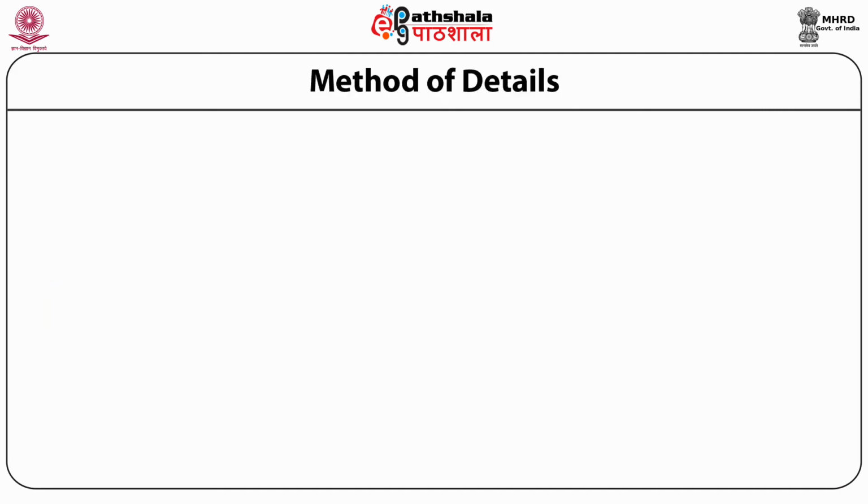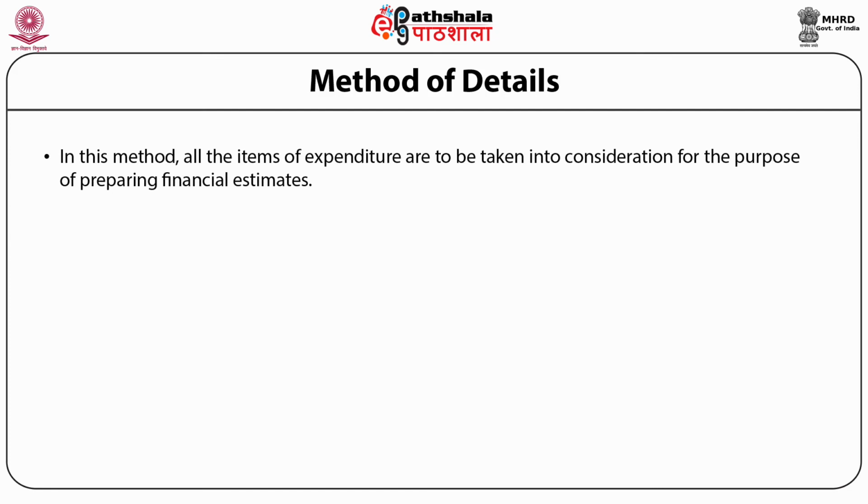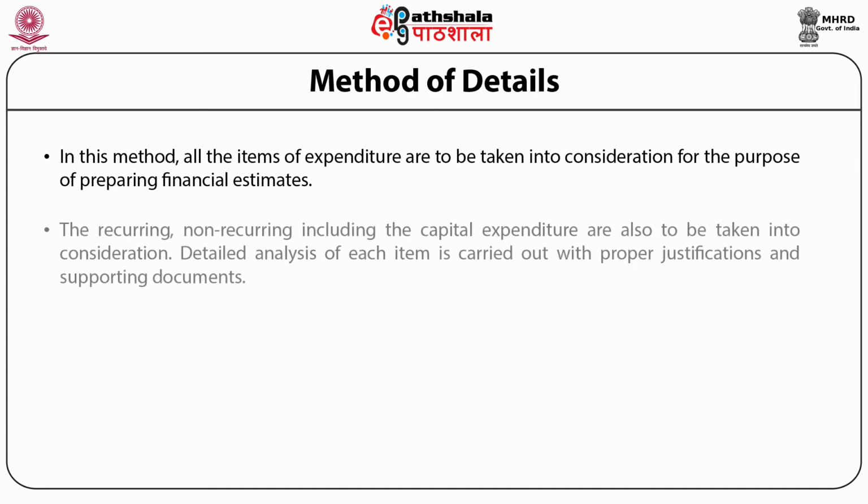Method of details. In this method, all the items of expenditure are to be taken into consideration for the purpose of preparing financial estimates. The recurring, non-recurring, including the capital expenditure, are also to be taken into consideration. Detailed analysis of each item is carried out with proper justifications and supporting documents.